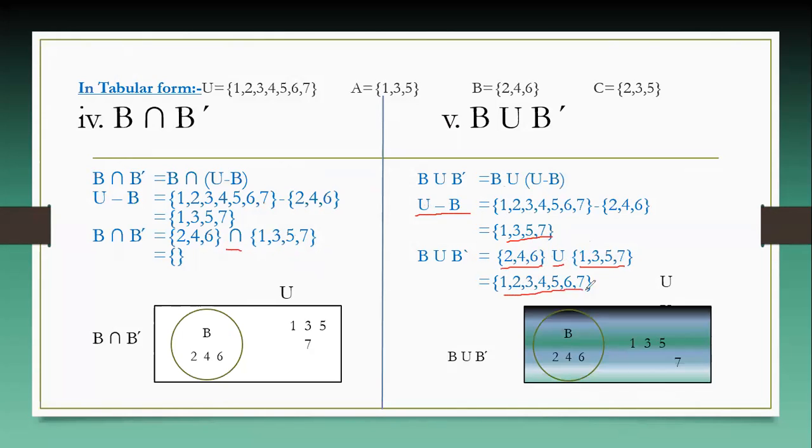By combining, you get the whole set as an answer. When you get the whole set as an answer, you have to shade the whole Venn diagram. When you get a null set, there's no need to shade your Venn diagram. This is the only difference between these two Venn diagrams. This is for the union and this is for the intersection.